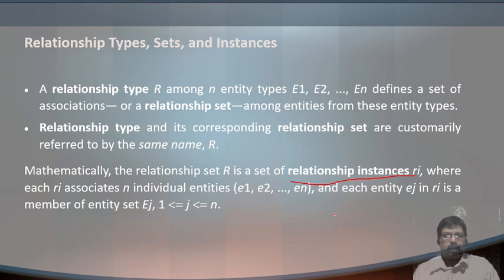You can consider employees with different names, and each employee is associated. If you consider one employee, he will have an SSN number, correct? Then he belongs to some department, that is called an association. I hope it is very clear.